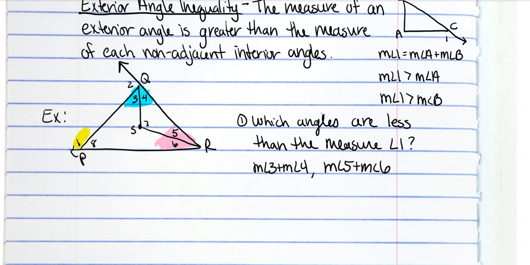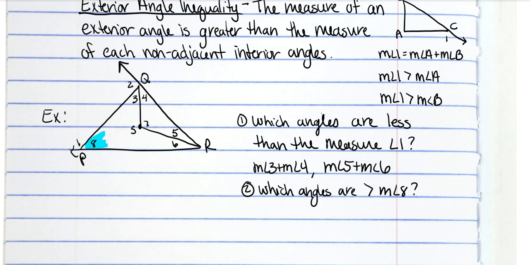All right, let me get rid of those highlights because we got one more. And the second one says, which angles are greater than the measure of angle 8? All right, so the measure of angle 8 is here.